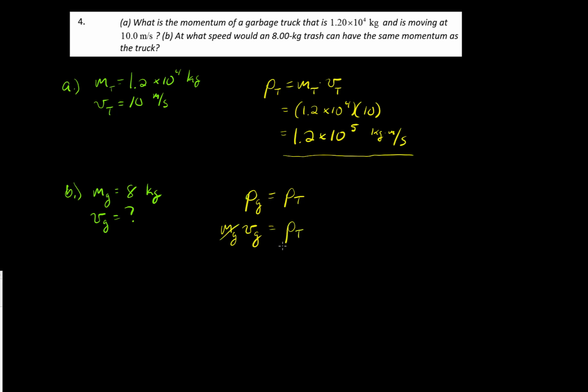We want to know the velocity, so we'll just divide. We get 1.2 times 10 to the 5th, divided by the mass, 8. Again, we're going to get a really big number here. That's 15,000 meters per second. And so those are the practice problems for 8.1.